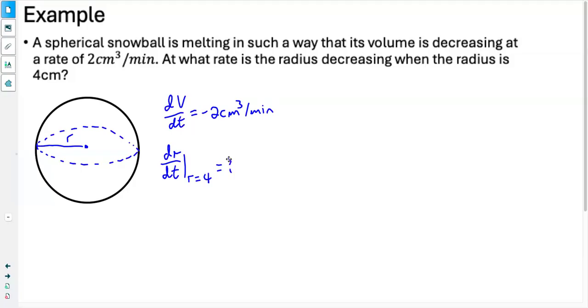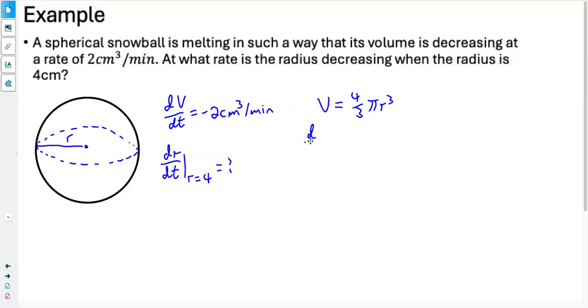In this case, because we're looking at the volume of a sphere, we're going to have to use the volume of a sphere formula: V equals 4/3 pi r cubed. That's the only equation we need. So we're going to take the derivative of both sides.